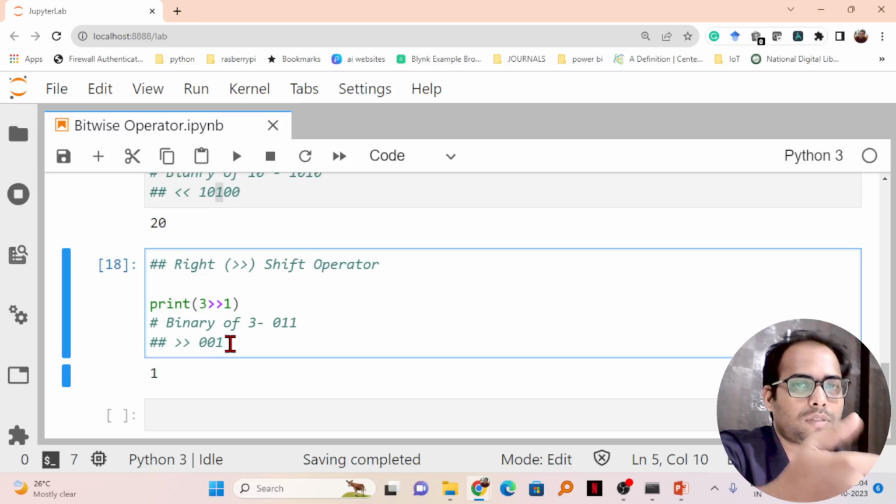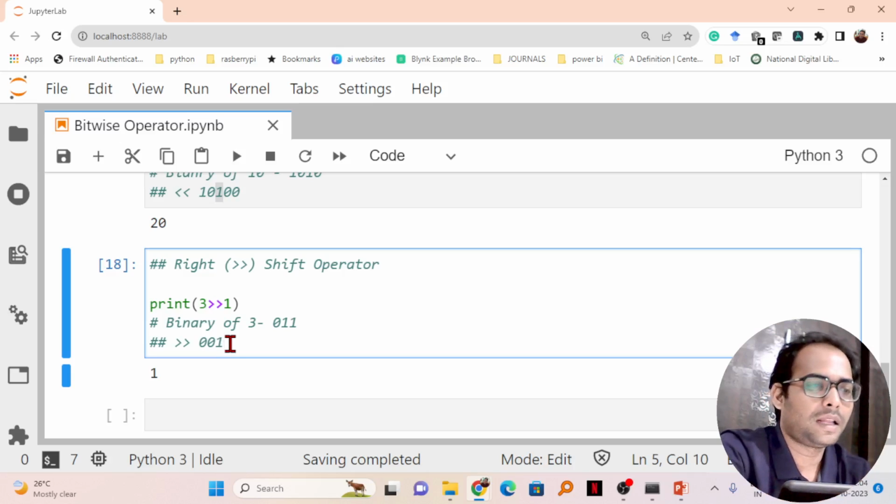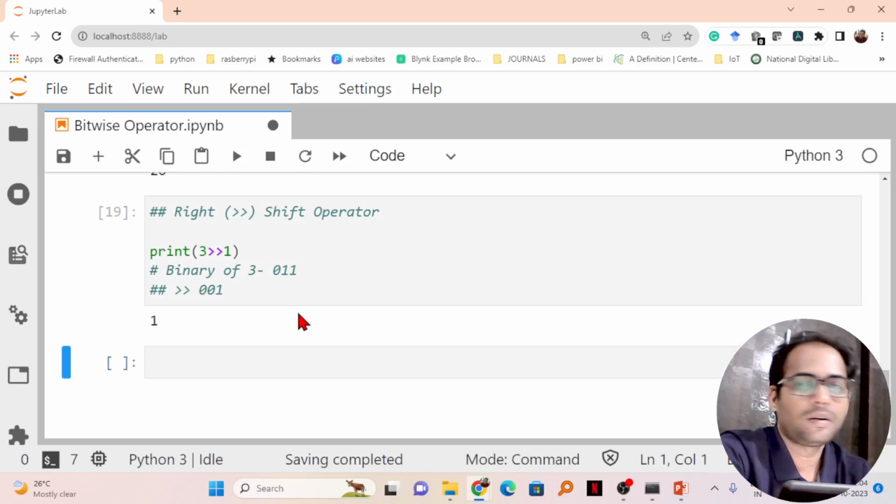If I shift by one place, then just add 0 in the empty place. That's how 0 0 1 becomes there. So 1 is the right shift version of 3.